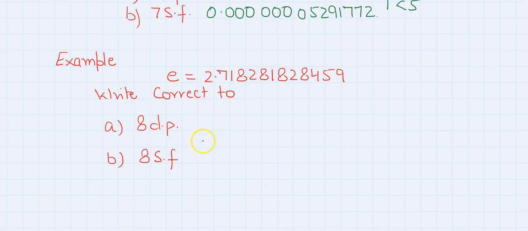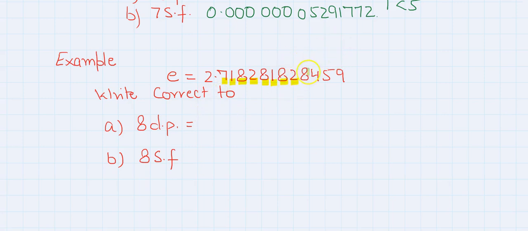Our next example is write correct to 8 decimal places and 8 significant figures, and the number is e. e is also an important number like pi. The value of e is 2.718281828459. We have to write it first up to decimal places. For decimal places we count after the decimal: 1, 2, 3, 4, 5, 6, 7 and 8.